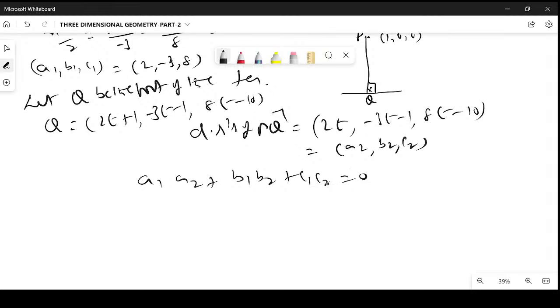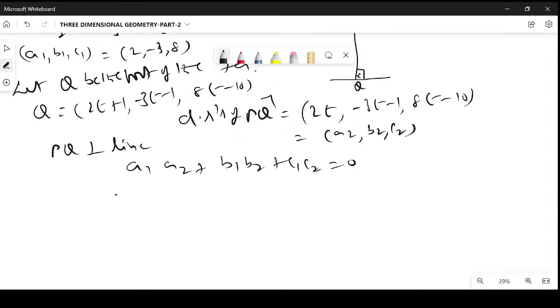If I use this, 2 into 2t, minus 3 into (minus 3t minus 1), plus 8 into (8t minus 10), which is equal to 0. This we will solve to find the value of t now. The t value will simplify. This will be 4t.